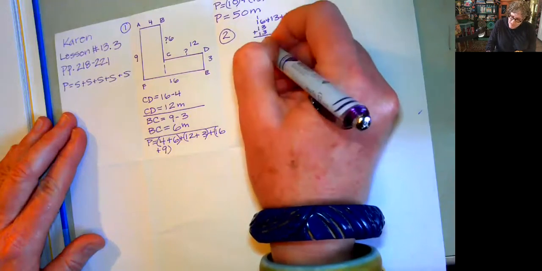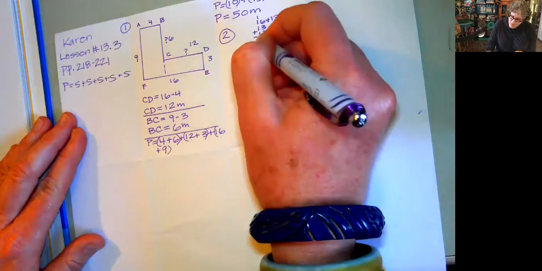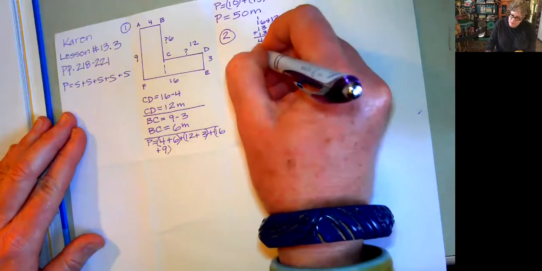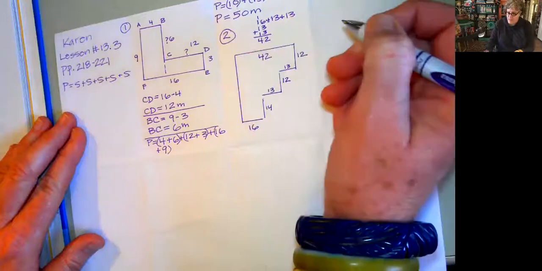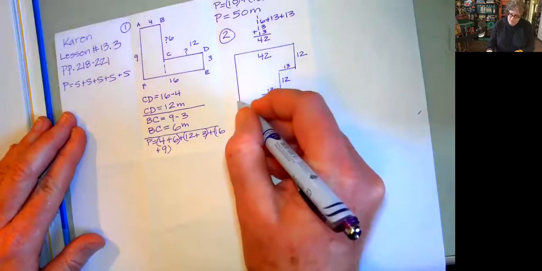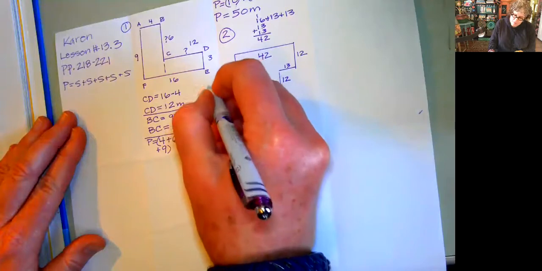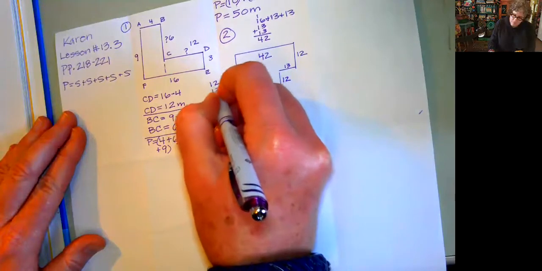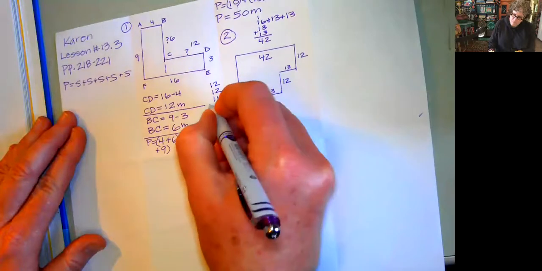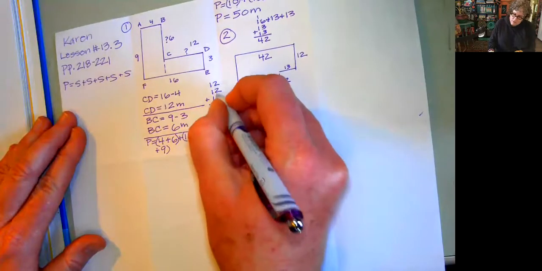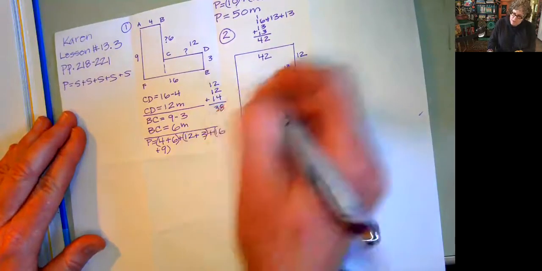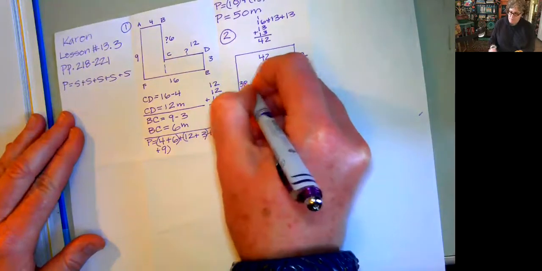I'm not very good at adding in the afternoon. 42. So this is 42. Now I'm going to add these over here. And these are 12 and 12 and 14. And I get 38. Okay.